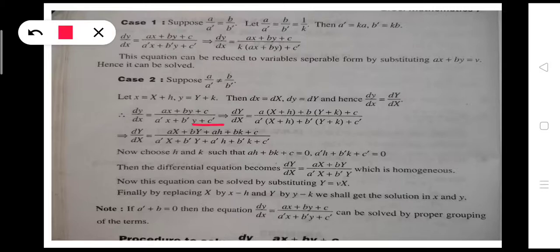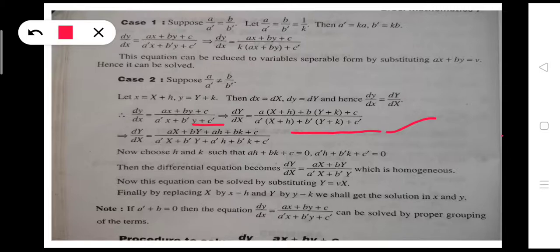dy/dx is equal to (ax + by + c)/(a'x + b'y + c'), which becomes dY/dX is equal to (a(X + h) + b(Y + k) + c)/(a'(X + h) + b'(Y + k) + c').